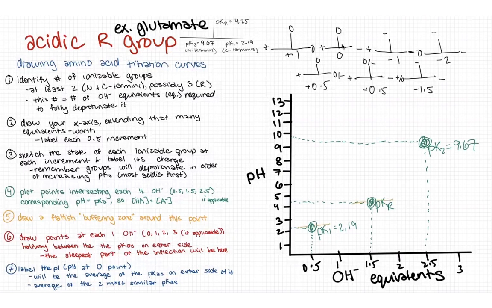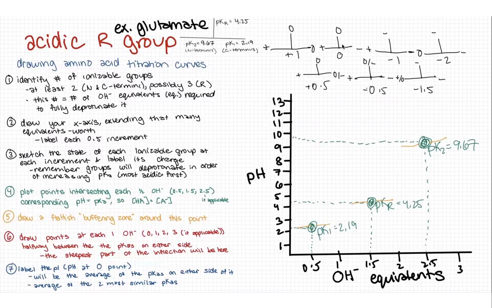Okay, now I'm going to draw my little line around each of these to represent the buffering zone where not much is going to happen if you add a little acid or base, a pretty flat region. But then remember that halfway in between these points are going to be where we get our equivalence points, where we have that steep inflection point. And we can find the pH at which this is going to happen by just averaging the pKa's on either side. So for our first pair, we have 2.19 plus 4.25 divided by 2.